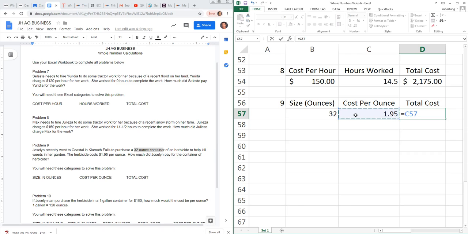Multiplication. $1.95, 32 times. Click what's in B57. Total cost then, $62.40. To make that a little easier to read, come on up and click the dollar sign. Now it looks more like a financial term or money. $62.40.